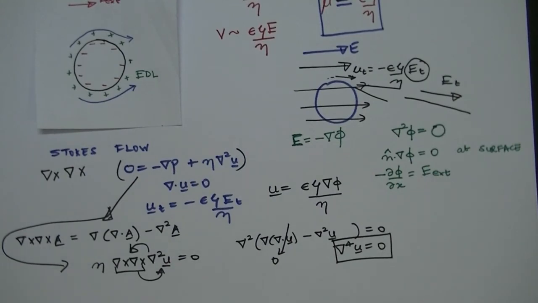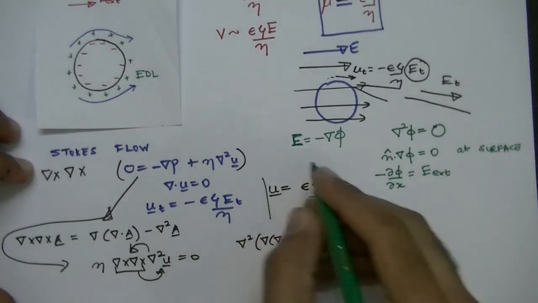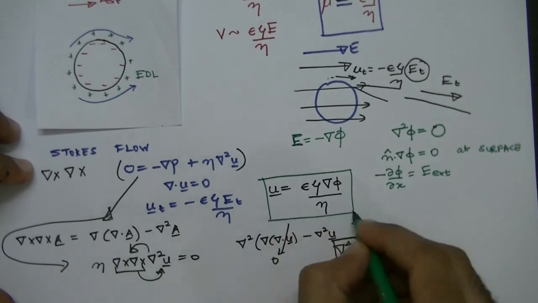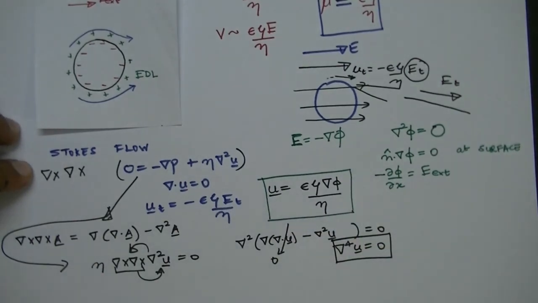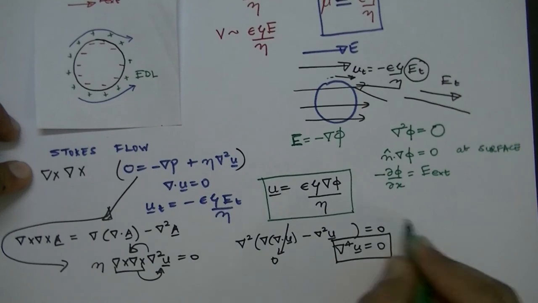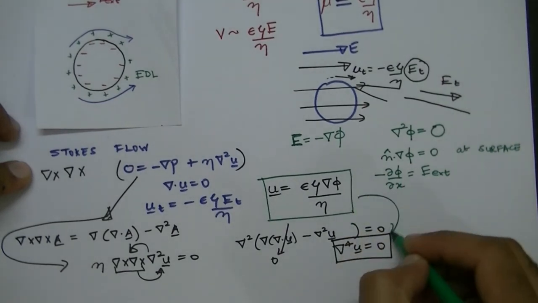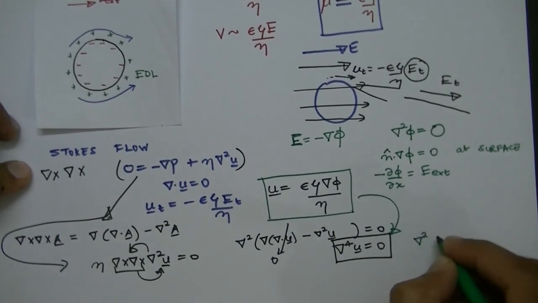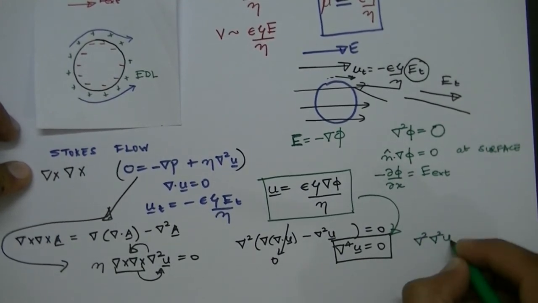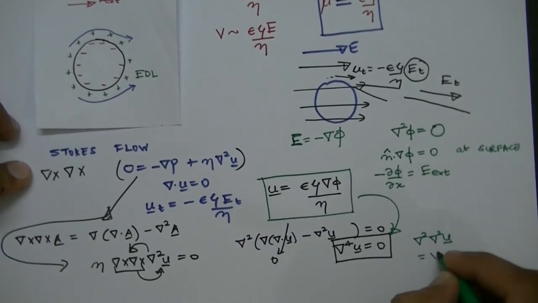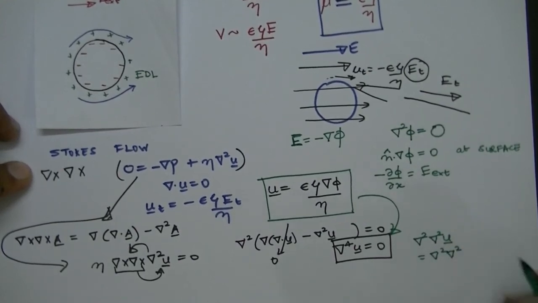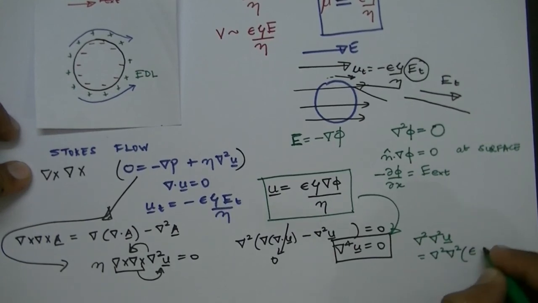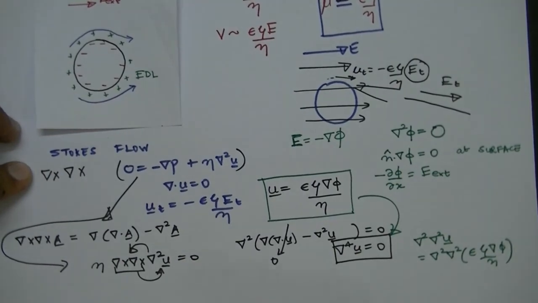Now we see that this solution u equals epsilon zeta gradient of phi times electric field actually satisfies this equation, and this is straightforward to see. If you substitute it over here, you can write del squared of u, and that will be equal to the Laplacian of epsilon zeta gradient phi over eta.